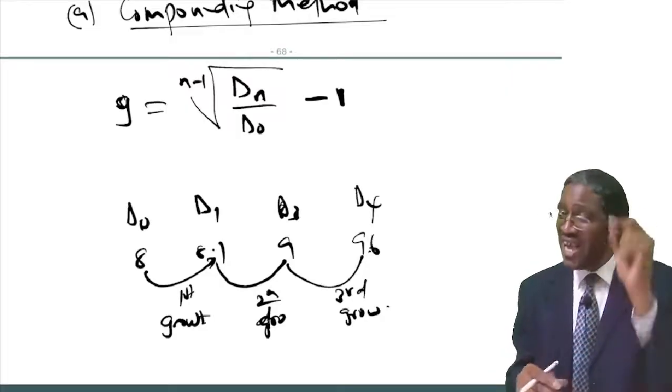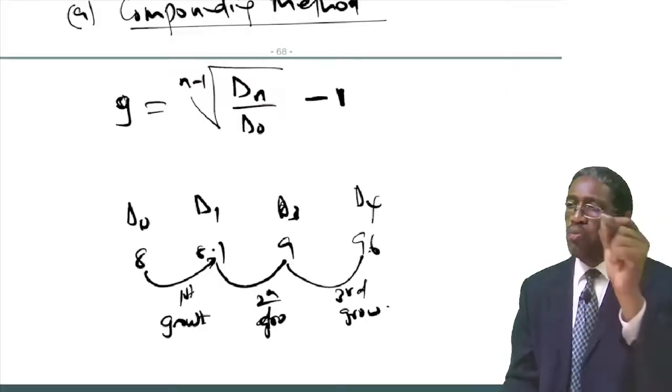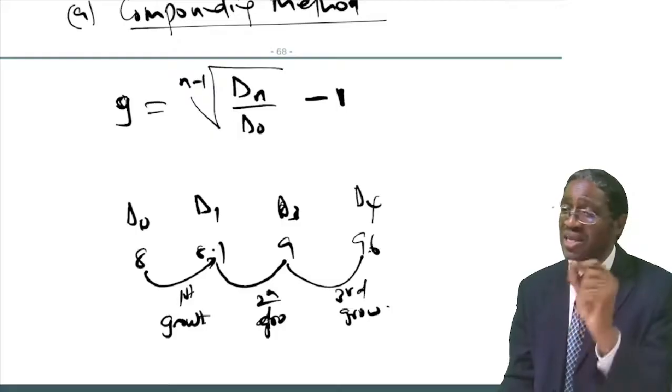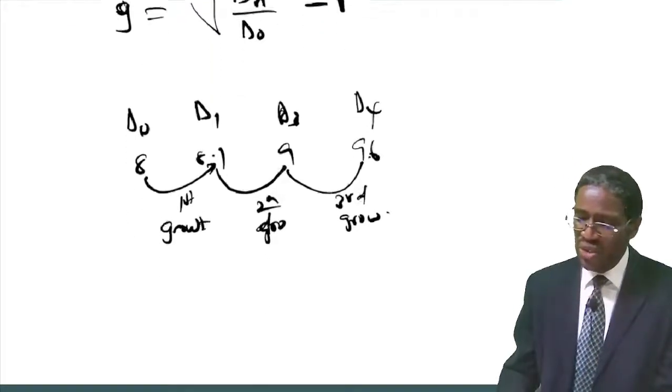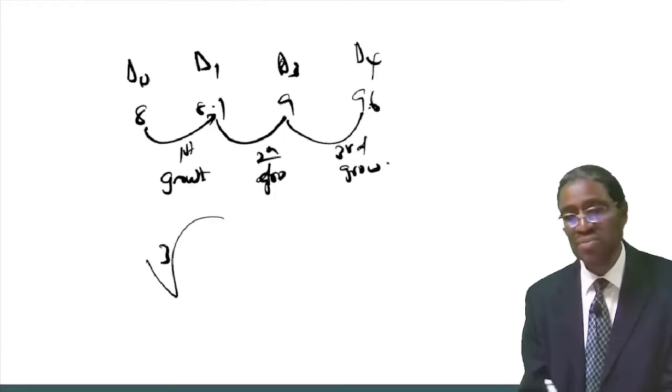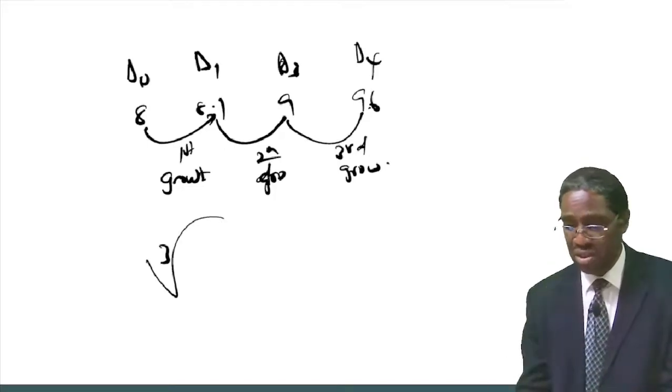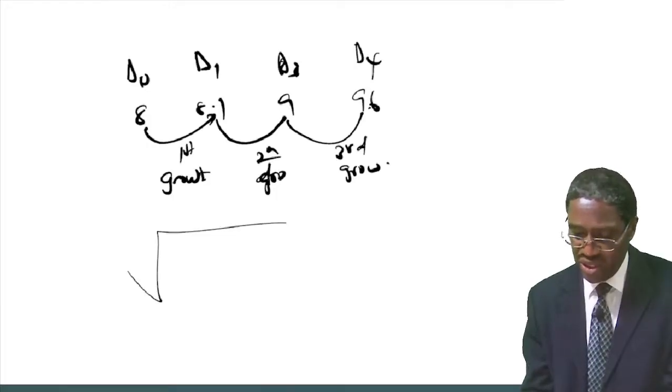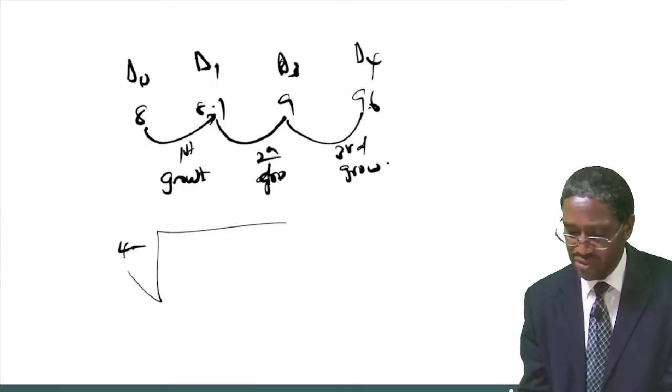So N being the number of years, you take N minus 1, and you take the third root, because it is 4 minus 1.